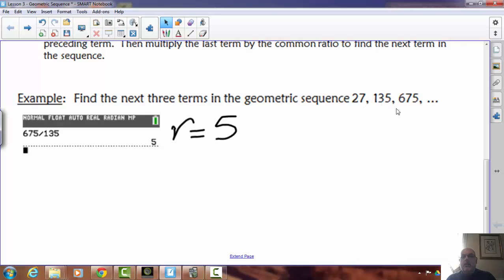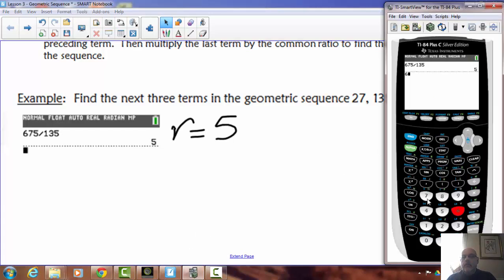Now I take this term of 675 and I multiply by 5. 675 times 5, the next term in the sequence is 3,375, and you multiply that by 5 and get the following term, 16,875.